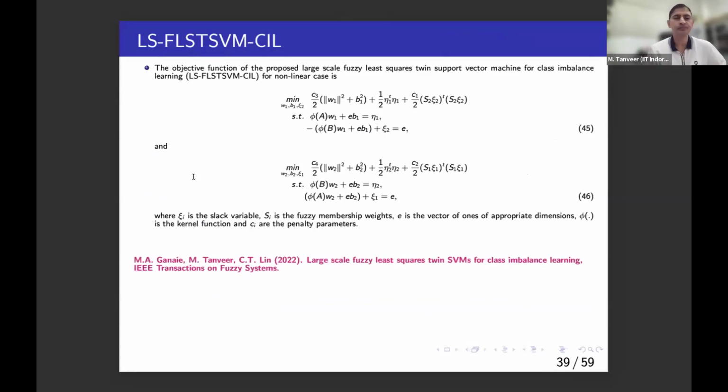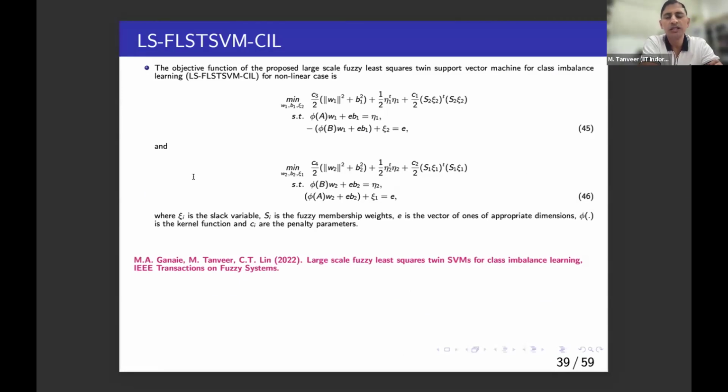So one can see our proposed algorithm, called large scale fuzzy least square twin SVM for class imbalance learning. It was published in 2022 in IEEE Transactions on Fuzzy Systems. I'll discuss only the nonlinear part.